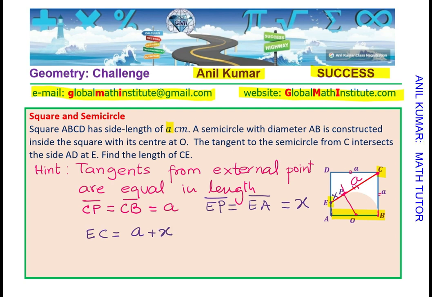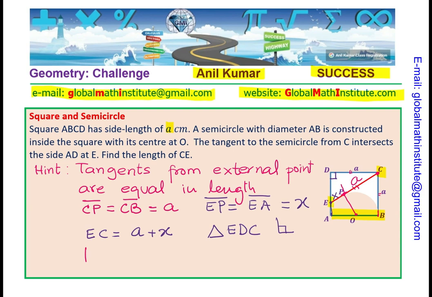However, if you see the triangle EDC, what do you observe? It is a right triangle, correct? So that means you can apply the Pythagorean theorem. Makes sense, right?